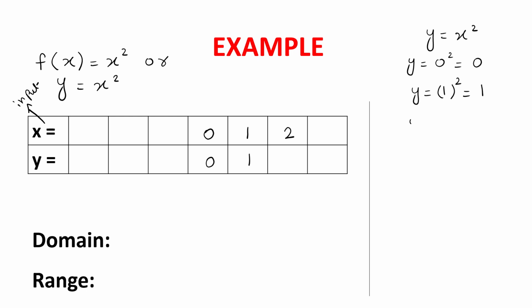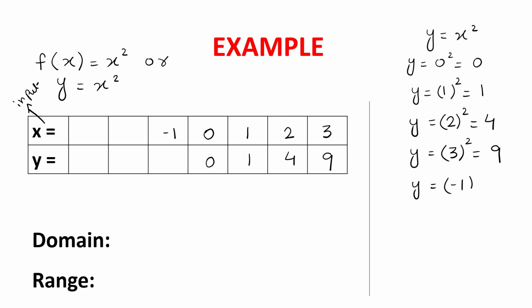When x is 2, our value for y will be the square of 2, that is 4. When x is 3, we get 3 square, that is 9. When x is -1, it will be -1 square, that is 1.